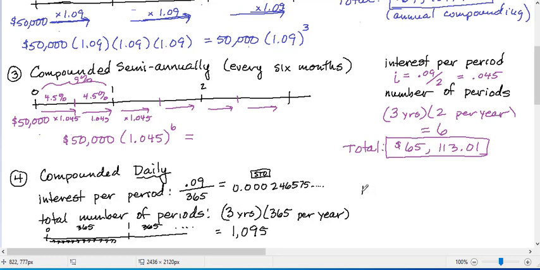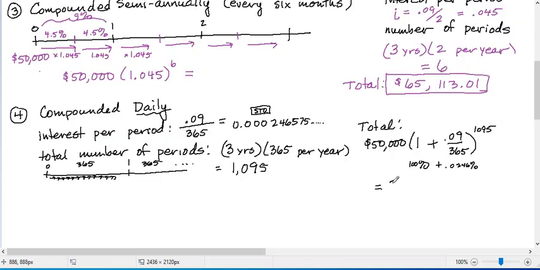I can get to my total pretty quickly by starting with my original principal and multiplying it by 1 for 100%, plus my daily interest factor is 9% divided by 365. This is plus the 0.0246% more. And then I have to do that for the total number of periods in all 3 years, which is 1,095.